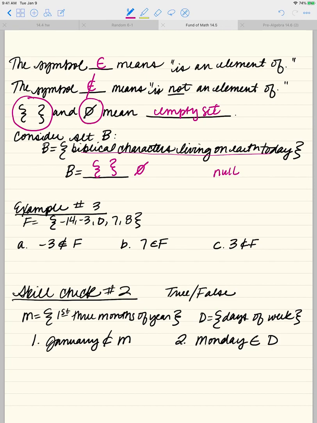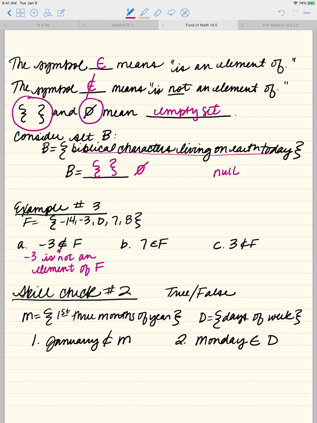So example number 3 gives us set F, and we have the elements listed in set F as -14, -3, 0, 7, and 8. The instructions say tell whether this is true or false. Let me read A to you. What A says is -3 is not, because that's what this symbol means, an element of F. So we look at set F, we look at the elements that are there, and we say, is -3 there?